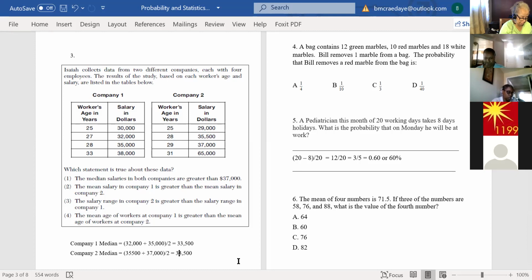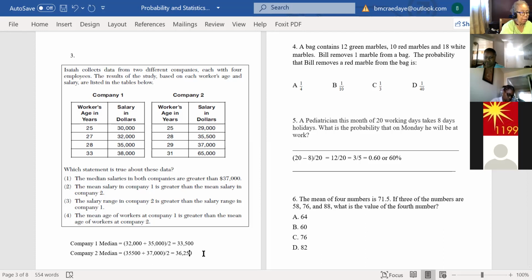Okay, and then divide that by 2. 36,250, right? Everybody get that? 36,250.